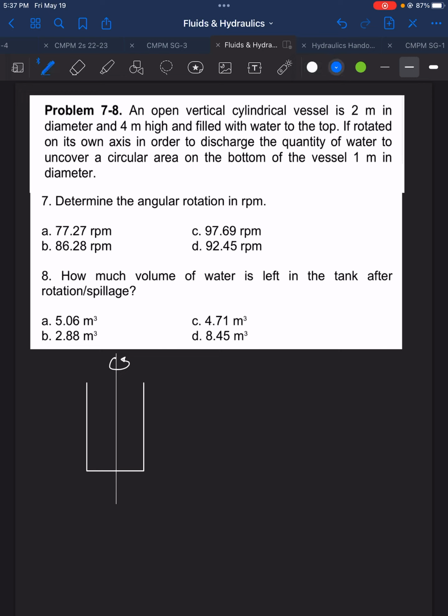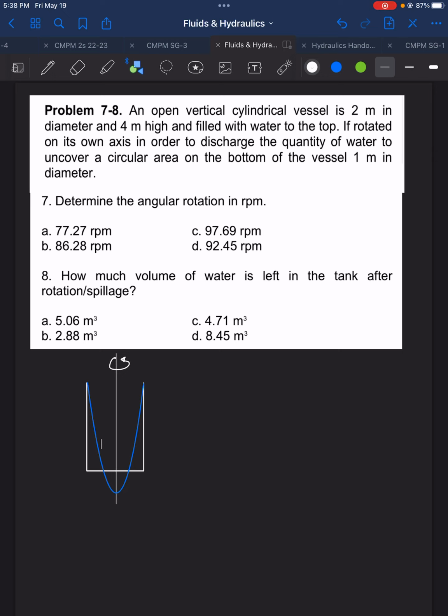So when rotating this, the water will always be at the edge of the container, and the tendency here, okay, it will form a parabola because of its angular rotation, and there will be a 1 meter diameter open portion here.